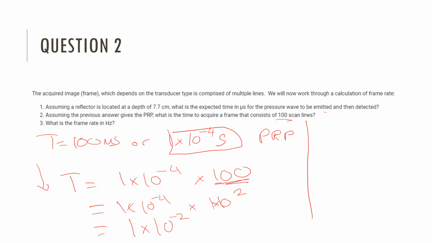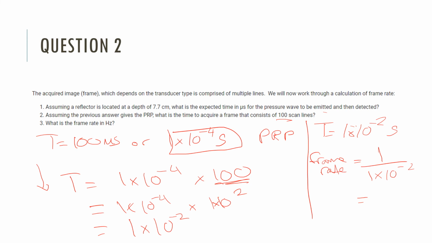Now we want to know what's the frame rate. This is the time it takes to create one frame, but we want to know how many frames per second. So the time is 1 by 10 to the negative 2 seconds. Frame rate is just going to be the inverse of that. It's a rate, which means how many per second. So it'll be 1 over 1 by 10 to the negative 2.